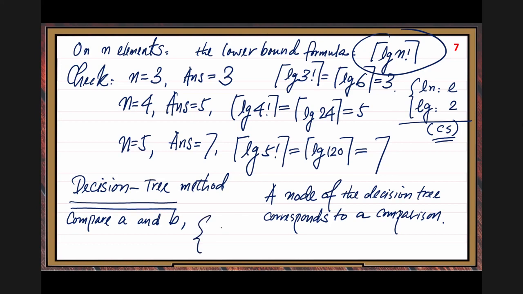So one is A less than or equal to B. Equal, so we put it together with less than. Another one is A greater than B. In this way, we can draw a binary tree, not a ternary tree. Otherwise, it would be a ternary tree. Here, we want to draw a binary tree. Then we can draw the decision tree.